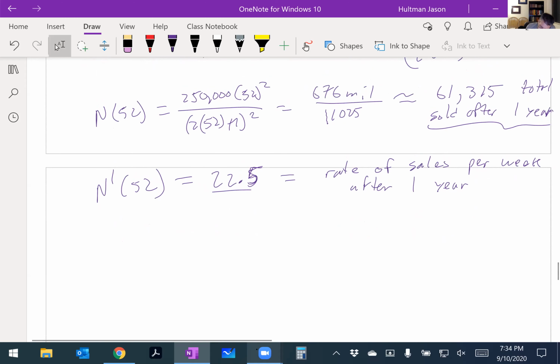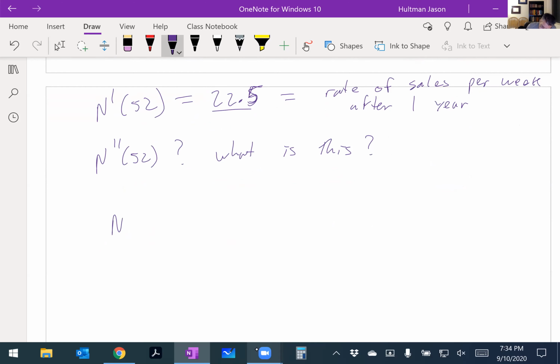What I want to know is what is N double prime of 52 and what does that represent? What is the value, but not just what is the value, what the heck does this mean? What does this represent? Okay, so let's do that.